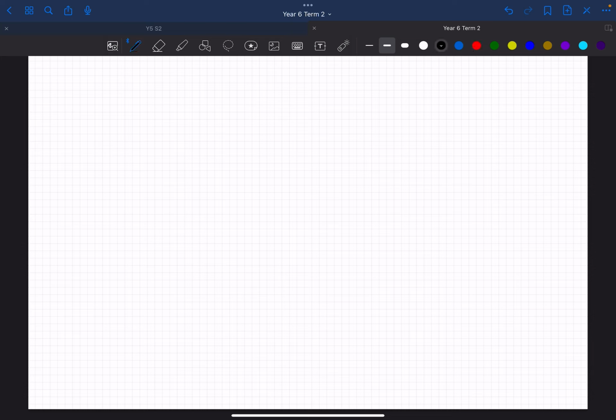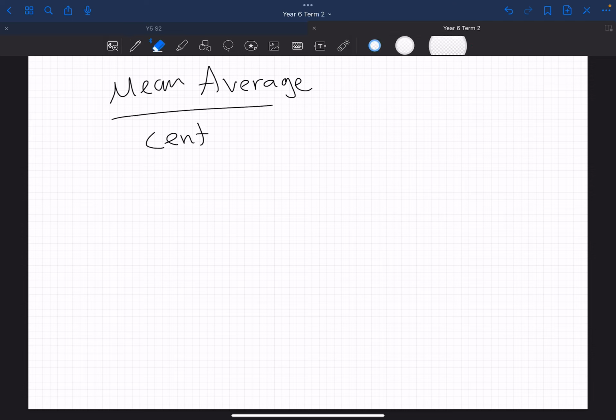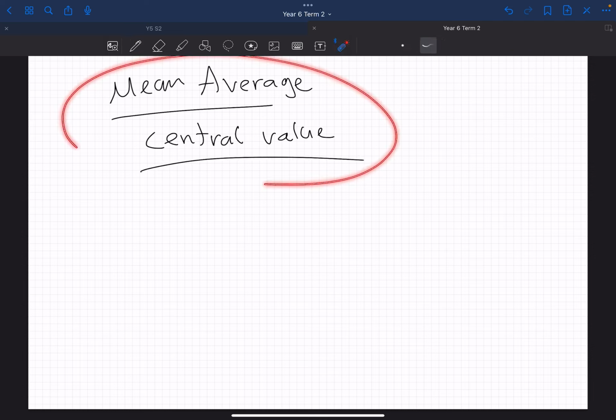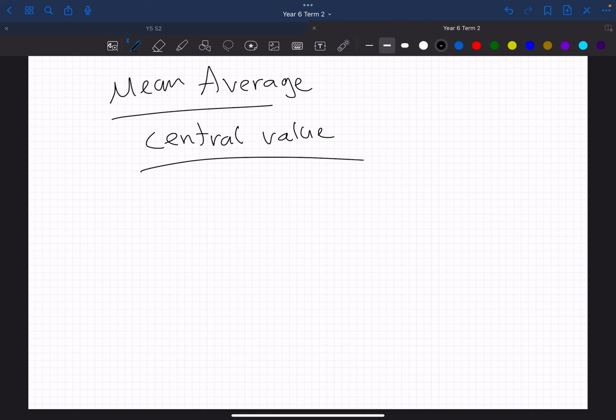Now averages. What is an average? What is the mean average? It is a central value in any data. So when we have data, central value, when you have data, you can take from the data a lot of things. One of the things, central value or mean average.